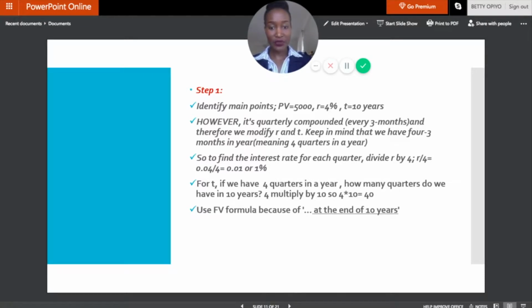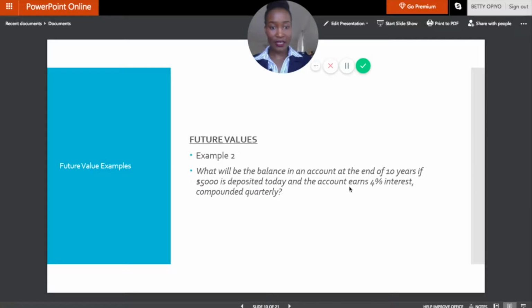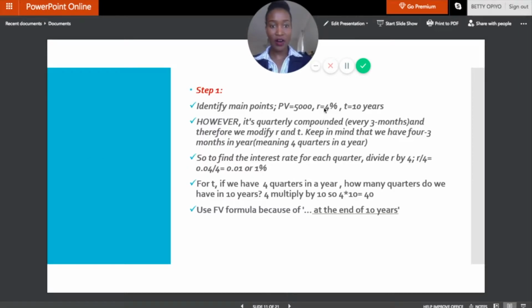That is the interest rate, because it's saying the account earns 4% interest, but this is an annual interest rate. I'll show you how we're going to modify it to incorporate the quarterly compounding. But for now, let's just assume R is 4%. And then T is 10 years. That is the duration of the investment.